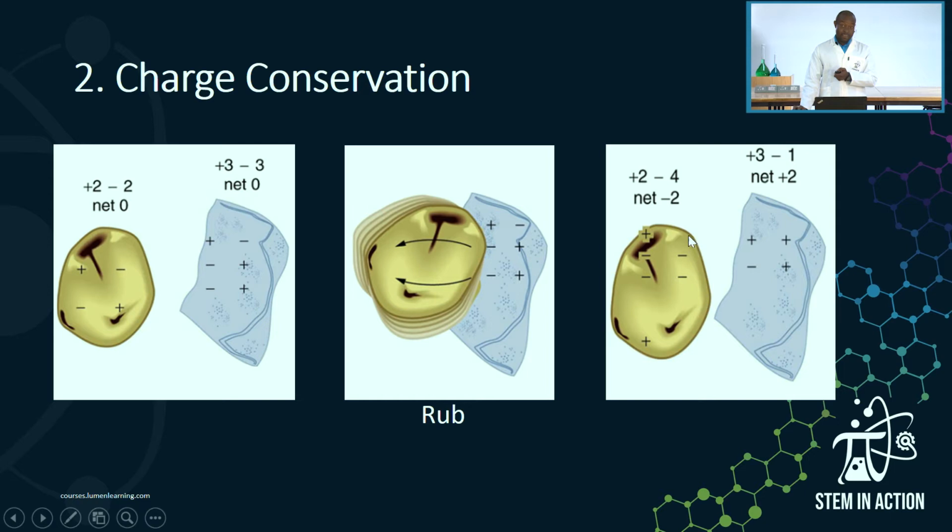And this object is now going to have a net negative charge of 2 because we transferred 2 electrons. And this one will have a net positive charge of 2 because we removed 2 electrons. But if we compare the overall charges in this first scenario versus the last one, we still have got the same overall charge of 0. So that is charge conservation.